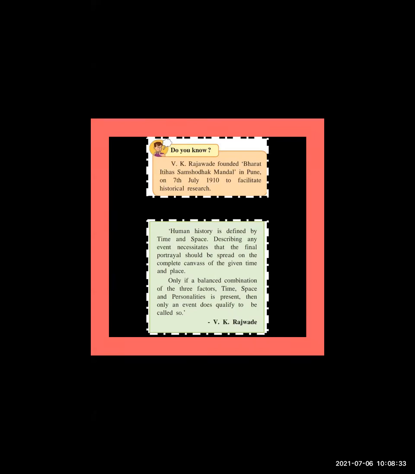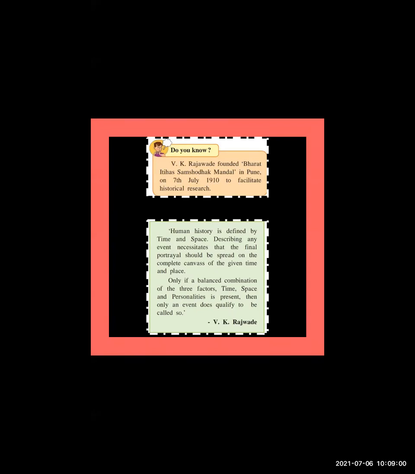Describing any event necessitates that the final portrayal should be spread on the complete canvas of the given time and place. All the necessary things of the event should be portrayed, means shown, on the canvas of the given time and place.